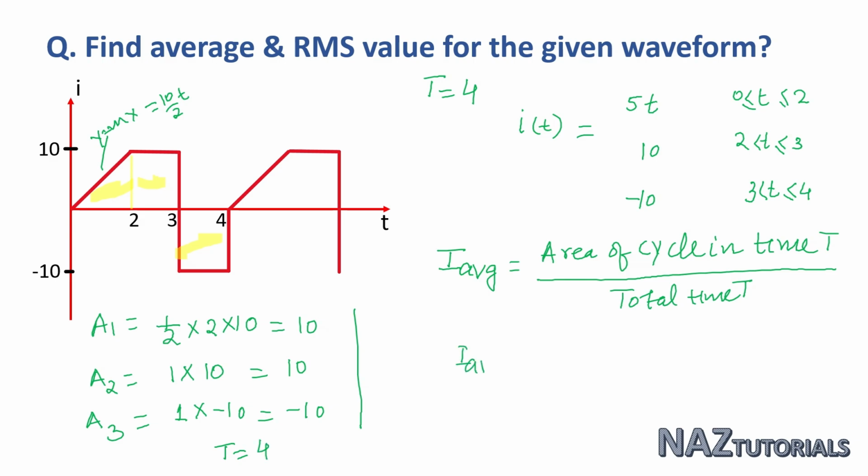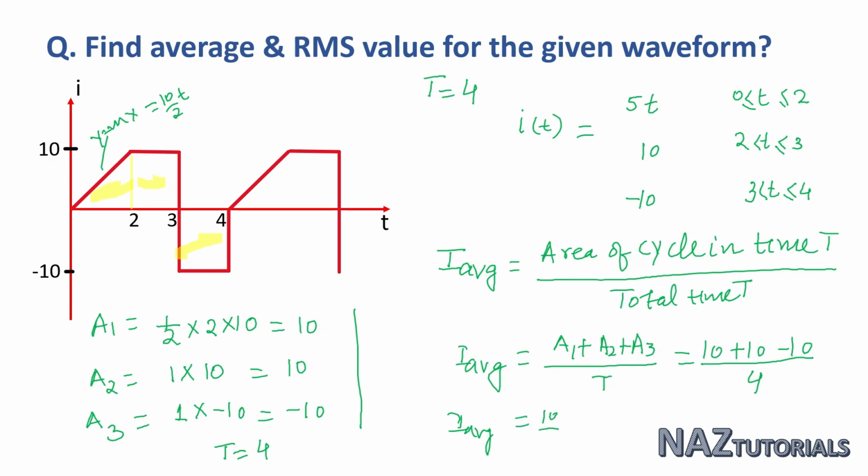So the average value for this waveform is A1 plus A2 plus A3 divided by total time T, that is 10 plus 10 minus 10 divided by 4. So the average value is 10 by 4, that is 2.5 ampere.